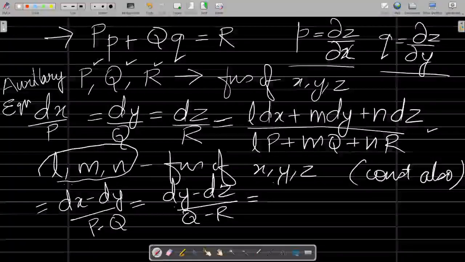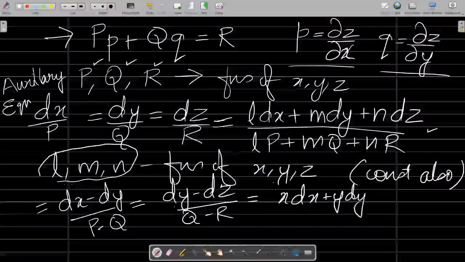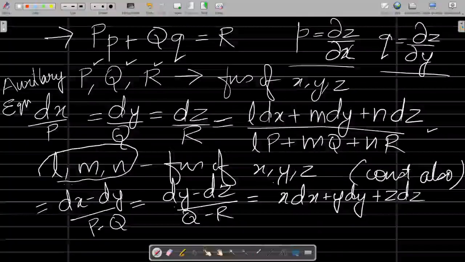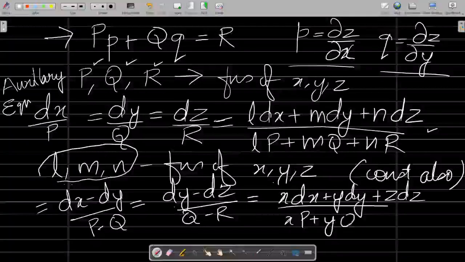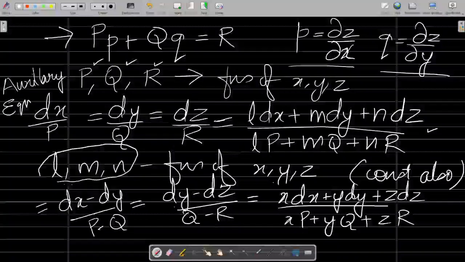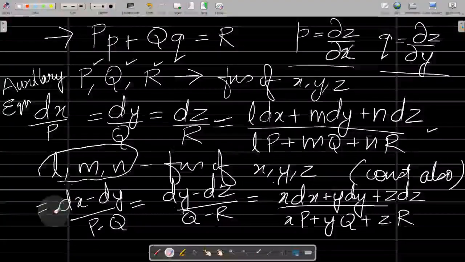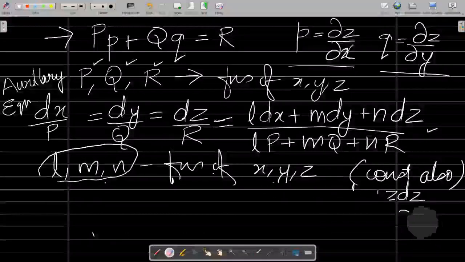Similarly, it goes on like this. Suppose I choose l, m, n to be x, y, z, then all of these relations are equal to (x dx plus y dy plus z dz)/(xP plus yQ plus zR). These are just some examples that I have taken. This holds true for any l, m, n. That is what I was trying to say.